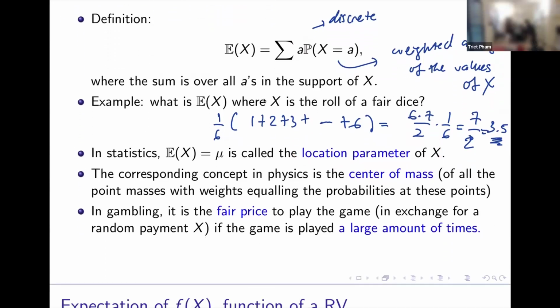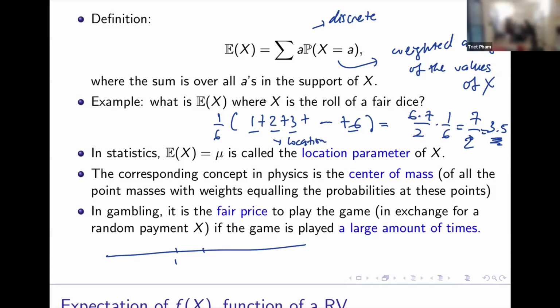And here's a reason why it's a location parameter. It comes from physics. If you take some sort of introduction to mechanics or something like that, you see a similar calculation. So here, how do you interpret the 1 and 6 and things like that? These are the locations of the point masses.